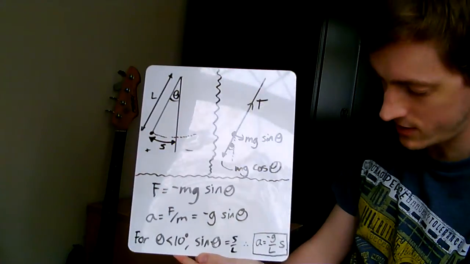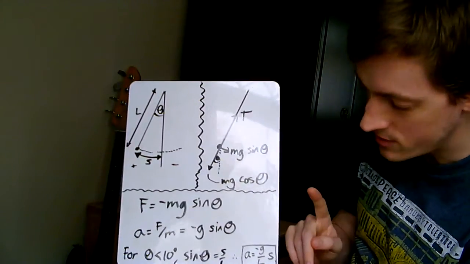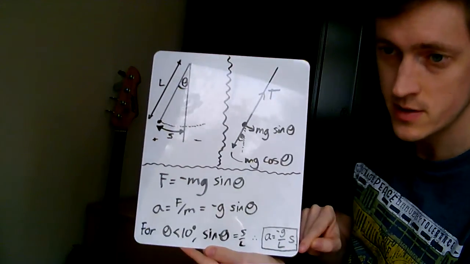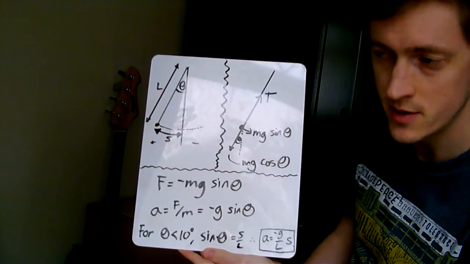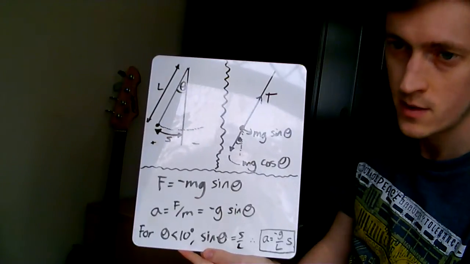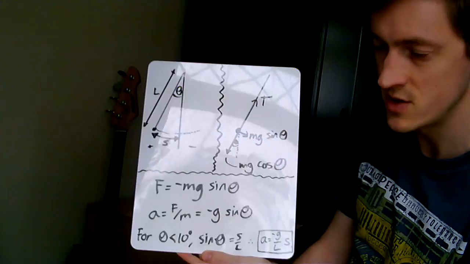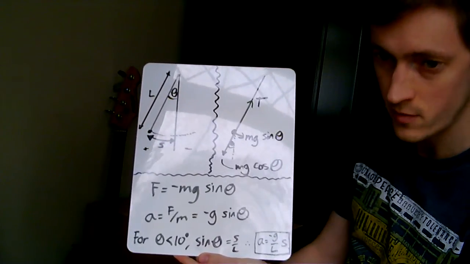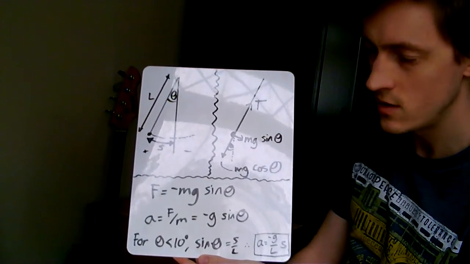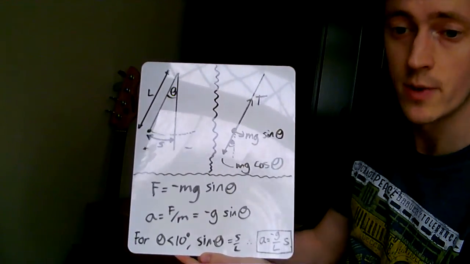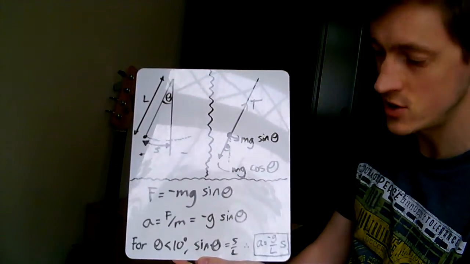You'll still be able to recognise this technique, and you'll still be able to use this to work out the time period, because the acceleration is equal to minus (2 pi f) squared x, and we know that f is 1 over T, so you can work out the time period from the acceleration from that. But that's more maths we don't necessarily need to do. It's all about recognising where that small angle approximation is.